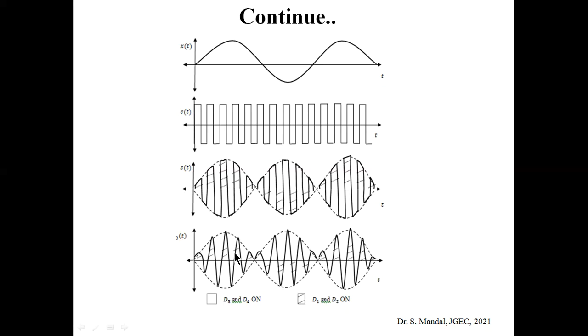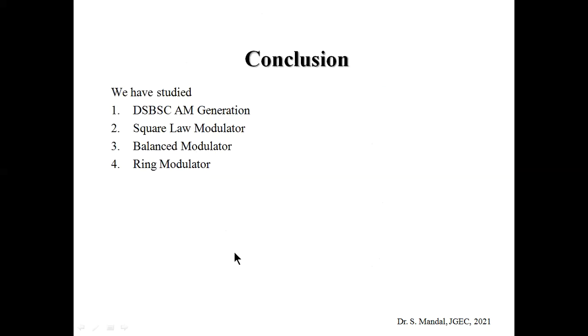Coming to the conclusion, in this class we have studied how we can generate DSB-SC and DSB-FC signals, and we have discussed three types of modulators that are used practically.